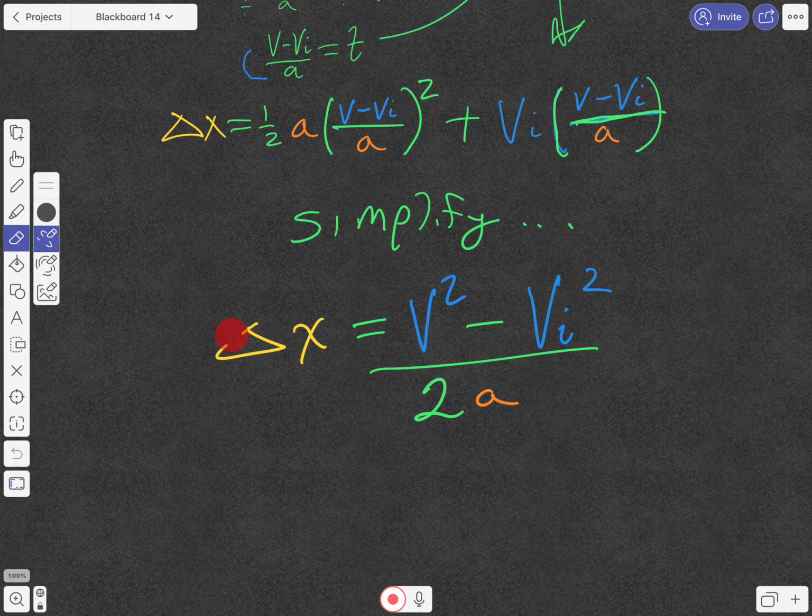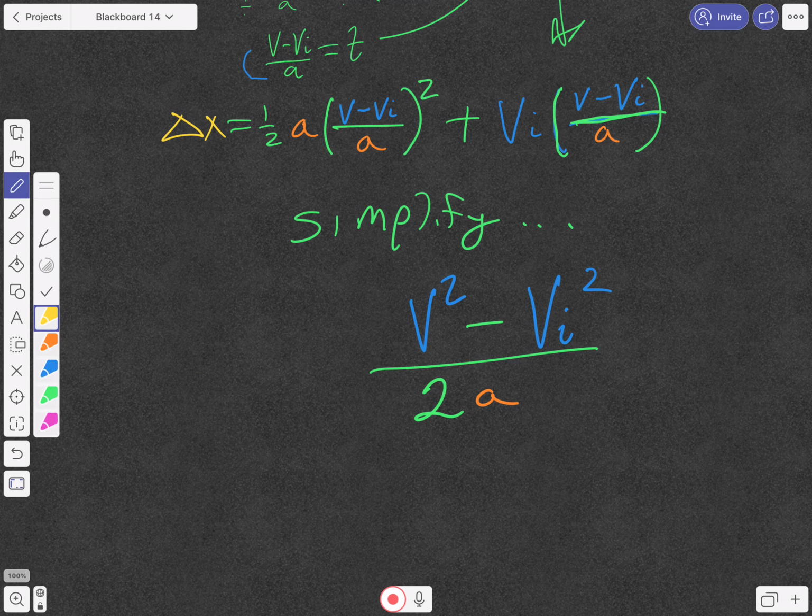So just to make this a little clearer, I'm going to erase this for just a second and just rewrite it. This is delta x, and it's going to equal this whole thing.